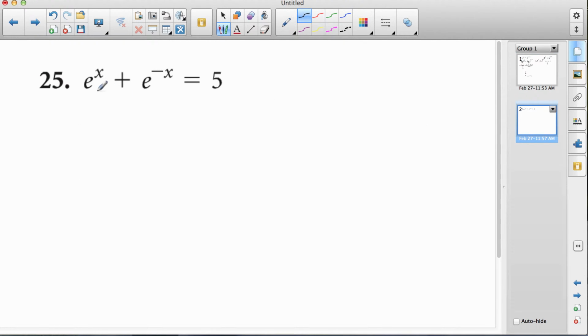Another question, a little bit tougher, involves using the number e as a base and having these exponents here. What they suggest to do in the book is first multiply each term by e to the x. So if I take e to the x and multiply it by e to the x, multiplying common bases, add their exponents, so that'd be e to the 2x.